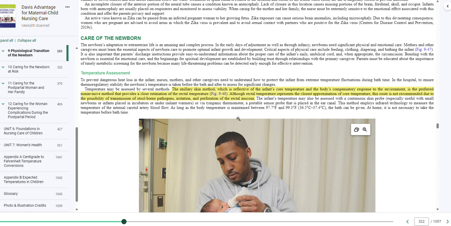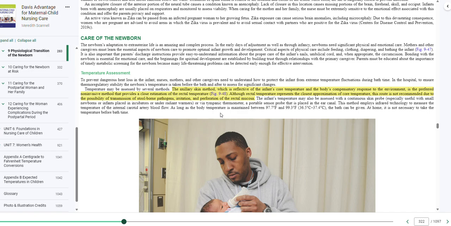The body's compensatory response to the environment, and it is the preferred non-invasive method that provides the closest estimation of the rectal temperature. Although rectal temperature is the best, the closest approximation to the core, it's not recommended due to the transmission of stool-borne pathogens, irritation, and of course perforation. Okay? Wink and a lollipop.